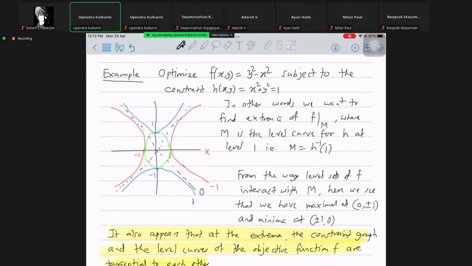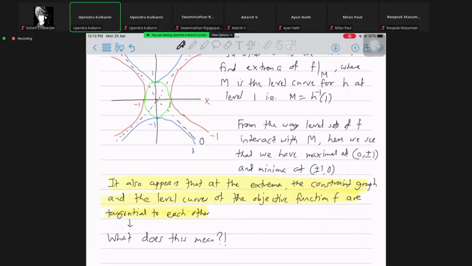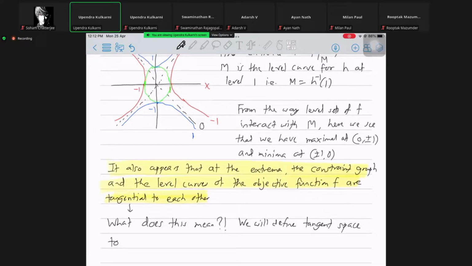All right. So we will define the tangent space to a level set, not level curve, let's say in more general.